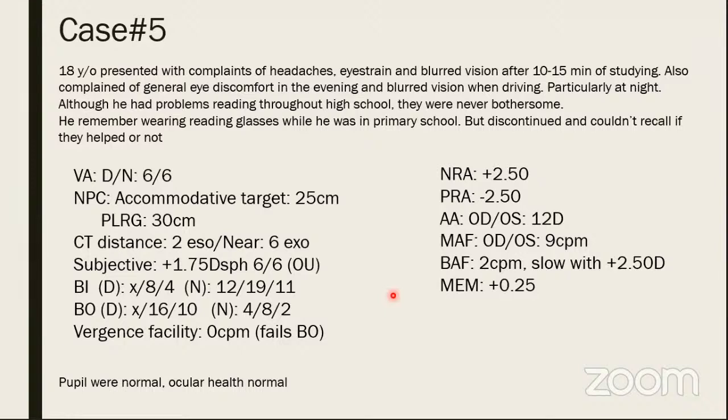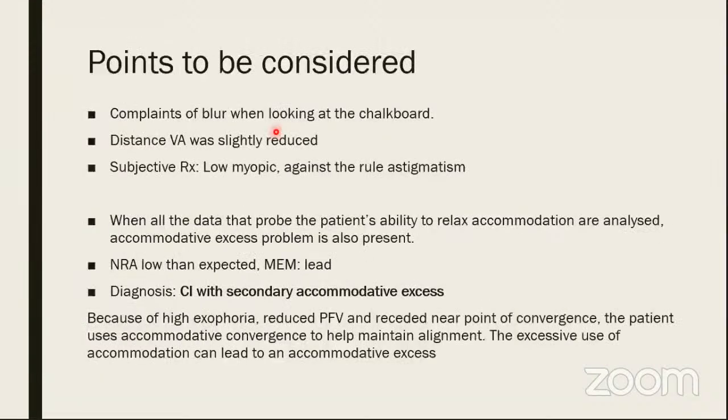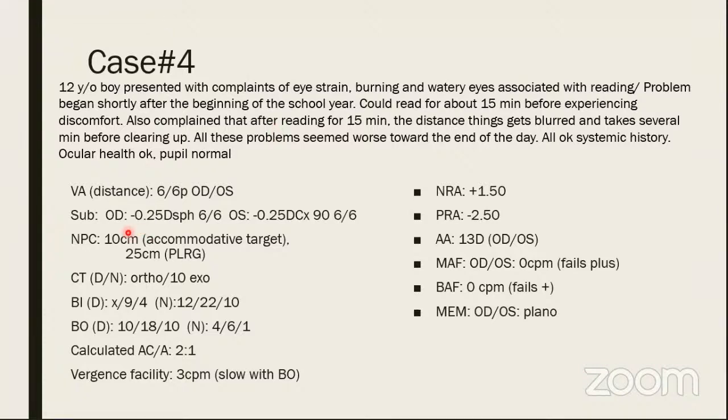Okay, so the next case that I have to share with you is this: what I'm doing is sharing different varieties of how the patient might come to us, especially the particular symptoms that we have to keep in mind while managing the patient. So in that case, I would not prescribe this low amount of refractive error present here.